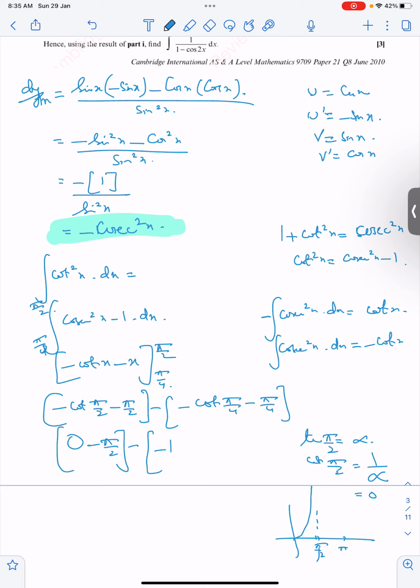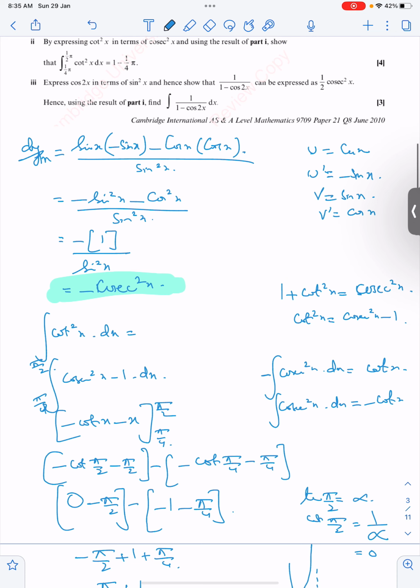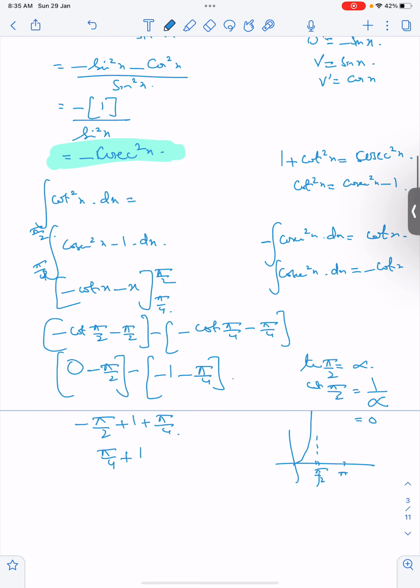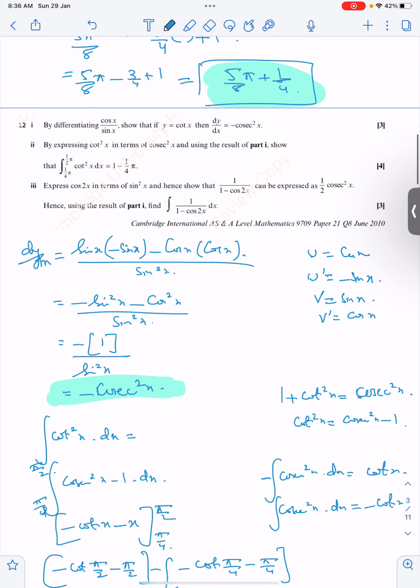And since there's a negative sign before this, it's minus 1, minus pi by 4 here. Let's simplify this: minus pi by 2 plus 1 plus pi by 4. Pi by 4 minus pi by 2 is negative pi by 4, plus 1, because pi by 2 is a bigger number. This is the answer to this question, which we have proved.